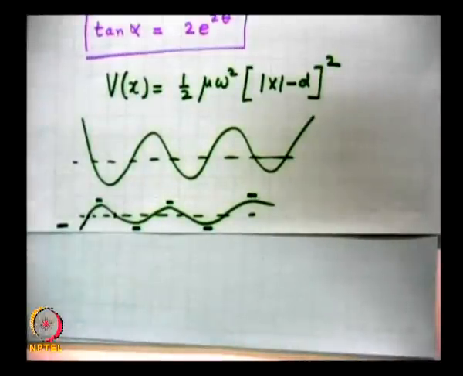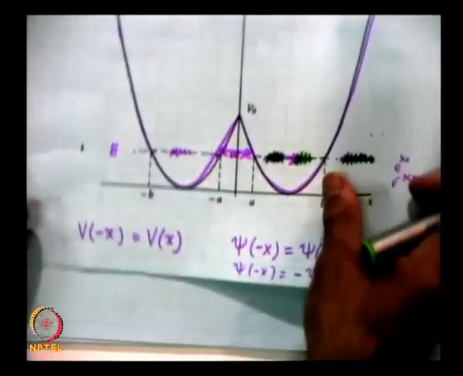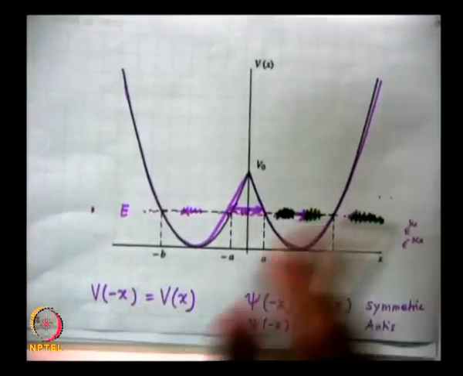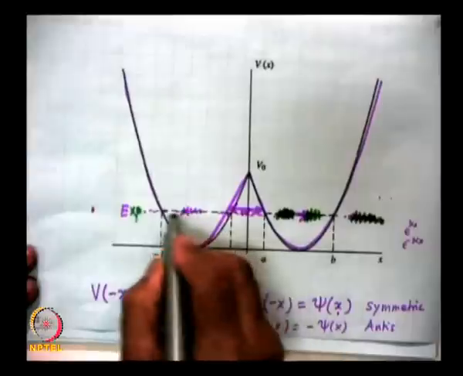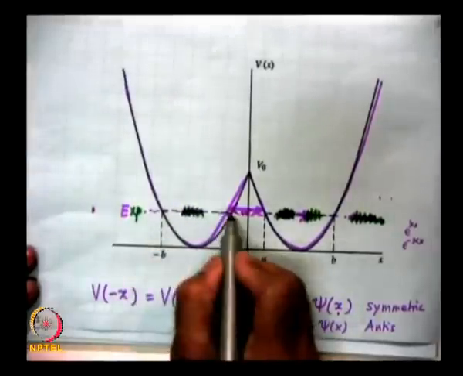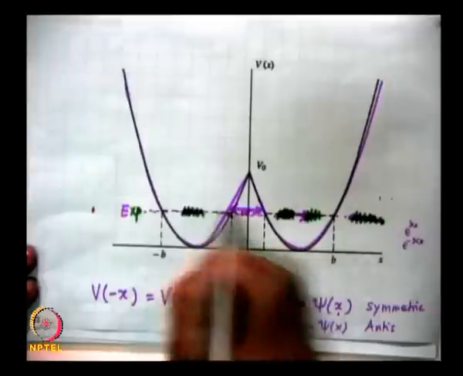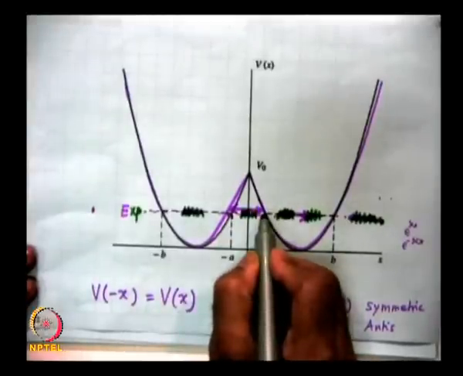So, this is the methodology. For example, if this was not symmetric, then there will be exponential solutions here, which will go over to oscillatory solution here. Then you look towards this turning point and you go over to the exponential solution here. Then you look towards this turning point.